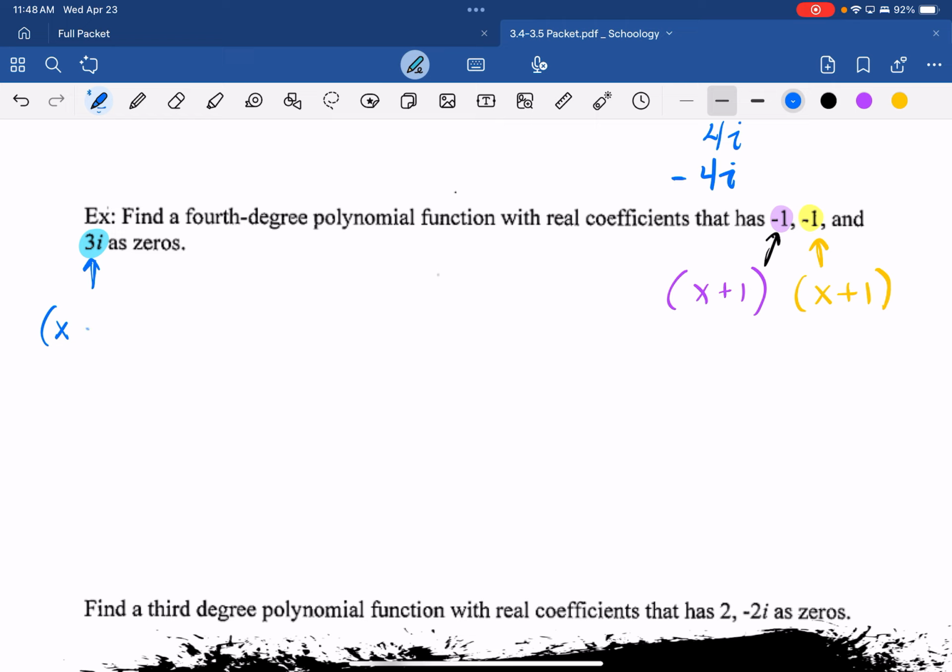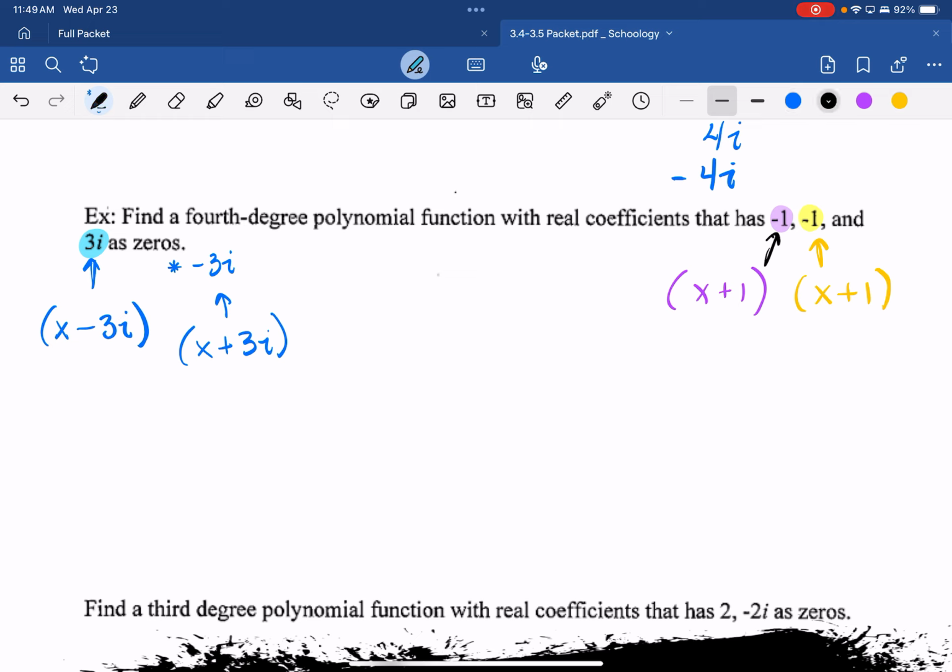So I know, just using this one, that I have that as a binomial because I have to have the opposite. But I also know that -3i has to be a 0 as well, which tells me x plus 3i also needs to be a factor. Okay, so when I give you the zeros, you're able to tell me what my factors are.